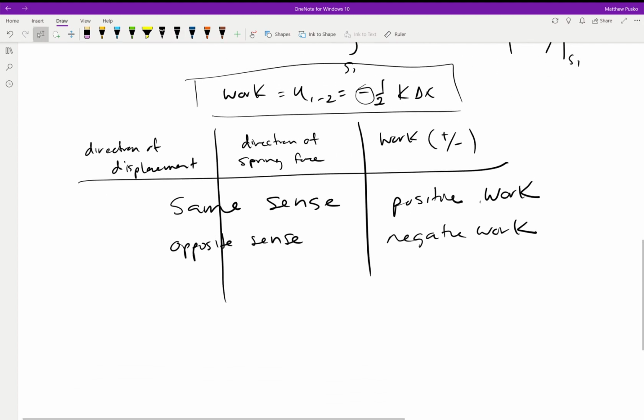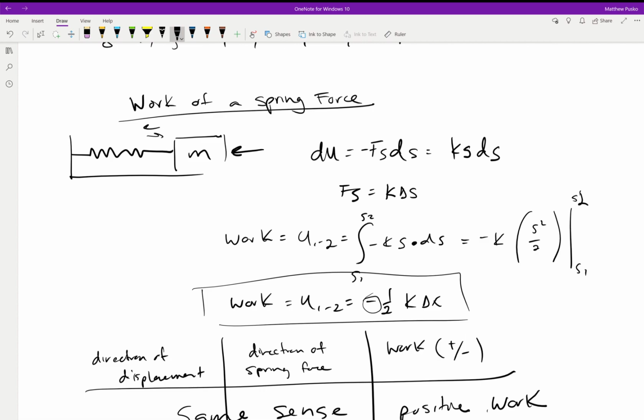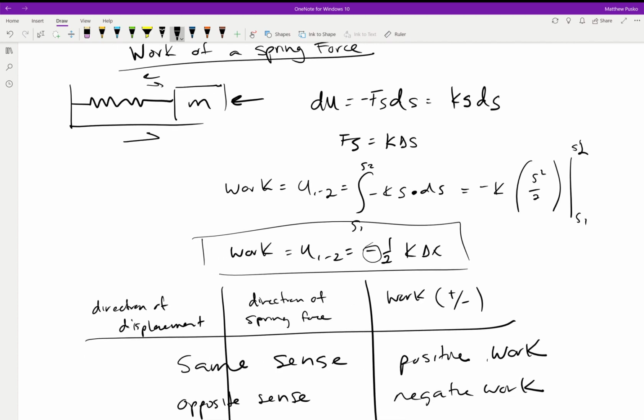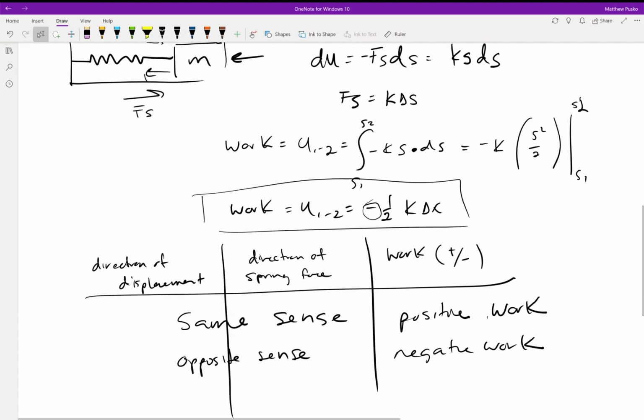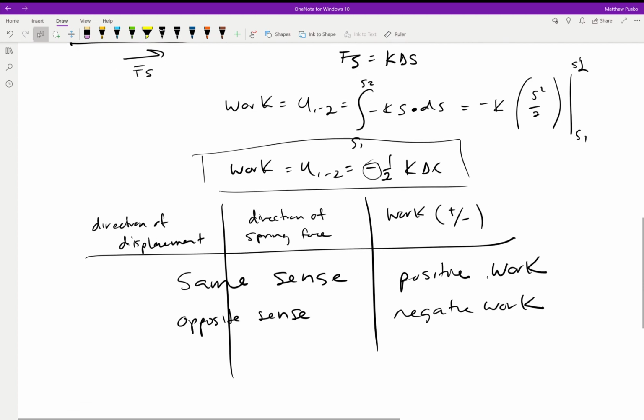So if I'm pushing on a spring, compressing this thing, the spring force is pushing back on us this way. The displacement, however, is to the left, and we're going to be having an opposite sense, and it's doing negative work.